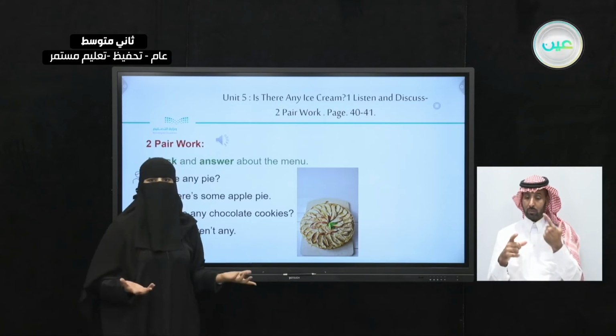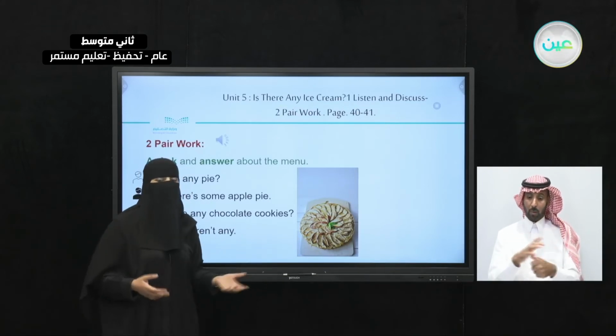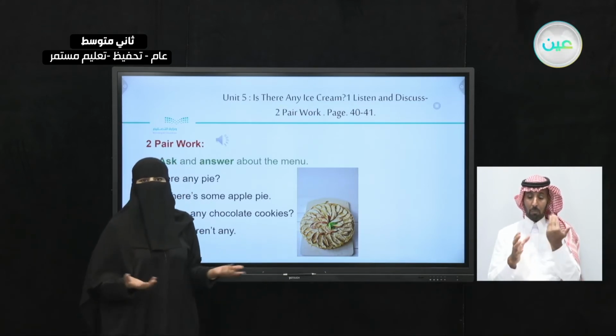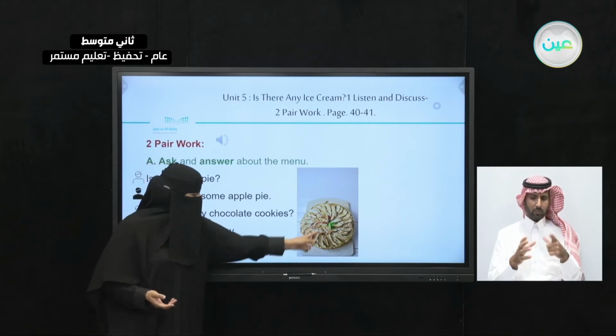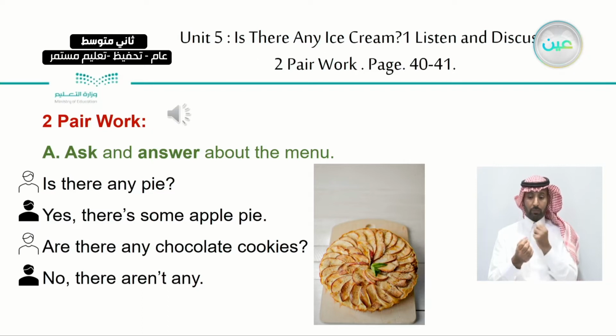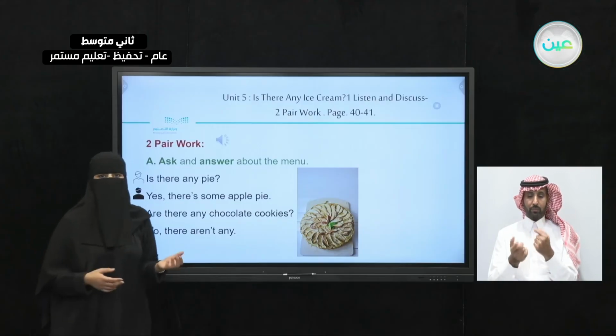It's a kind of what? Is it a main course? Is it a dessert? Is it a beverage? Looks like I can see some slices of apple on top of this pie. So looks like this is an apple pie. So the conversation might be about this apple pie, right? Now, let's listen to the conversation and try to ask and answer with any partner you like.